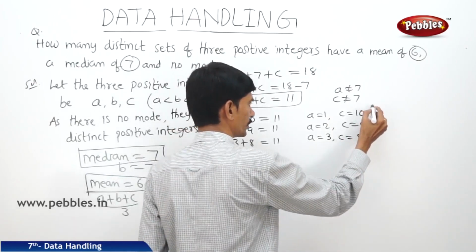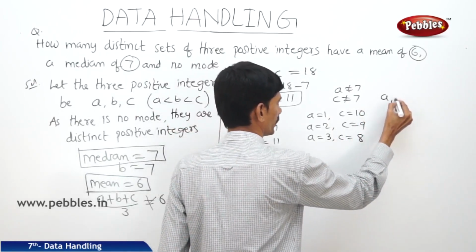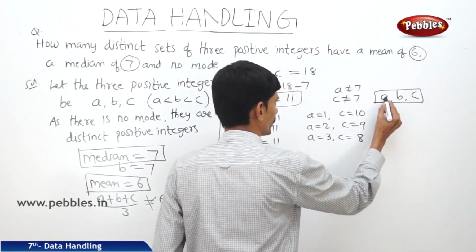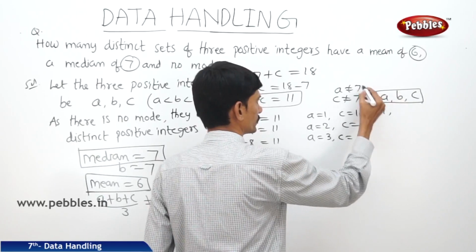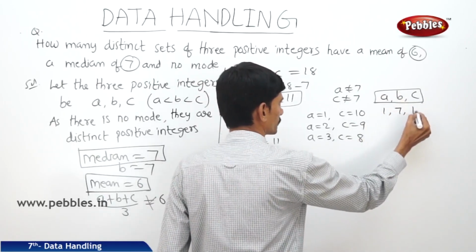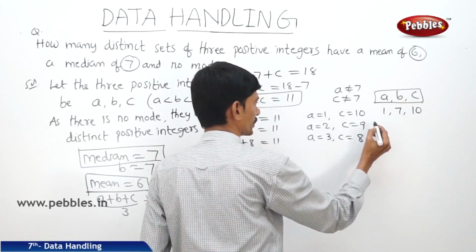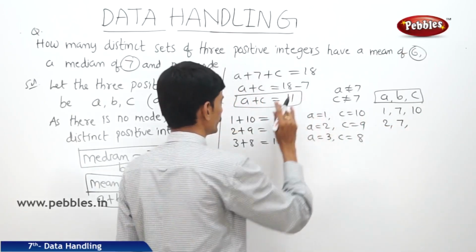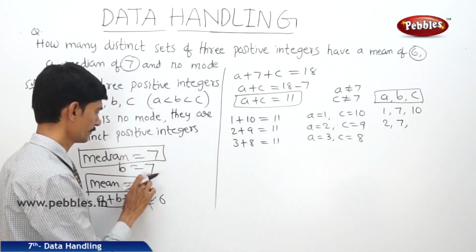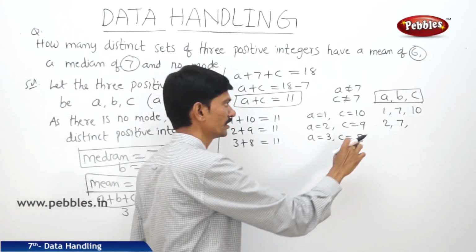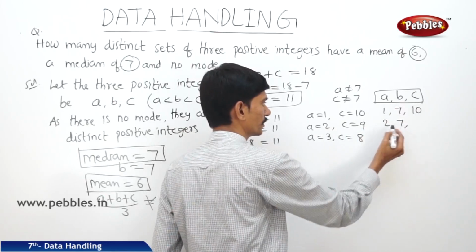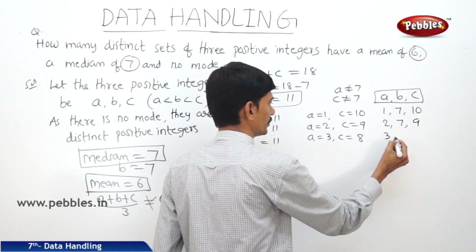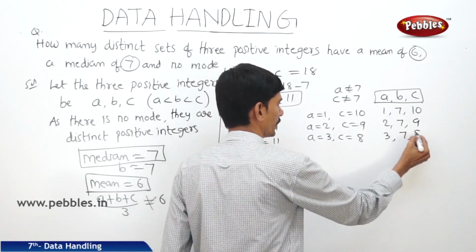So writing a, b, c in each case: 1, 7, 10. In the second case a is 2, b is always 7, as the median is 7, and c is 9. Next 3, 7 and 8.